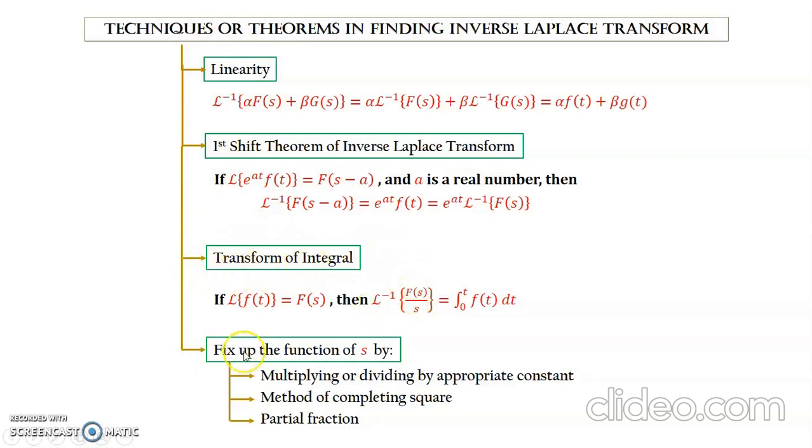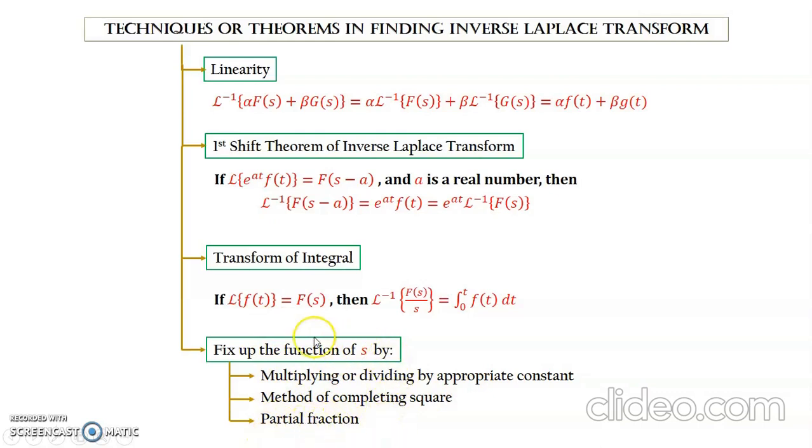Okay, but in this video kita nak focus on how to fix up the function of s by using several methods. Methods yang pertama kita akan fix upkan function of s by multiplying or dividing by appropriate constant. Method yang kedua kita nak tengok macam mana kita nak fix up the function of s by using method of completing square. And then finally kita nak tengok juga macam mana kita nak fix up the function of s menggunakan partial fraction.